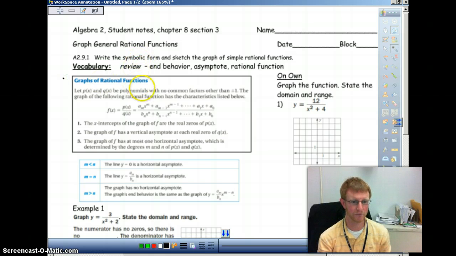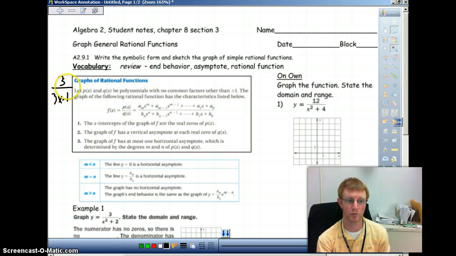We're graphing rational functions. This is very similar to what we were talking about in section 2, except now we're going to talk about how we can change the degrees of all of our equations. So before, it was always like a number over something to the first degree. So like we saw things like 3 over 3x minus 1. Well, now we're talking about raising the degree.